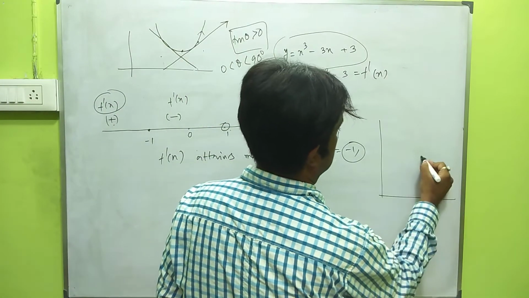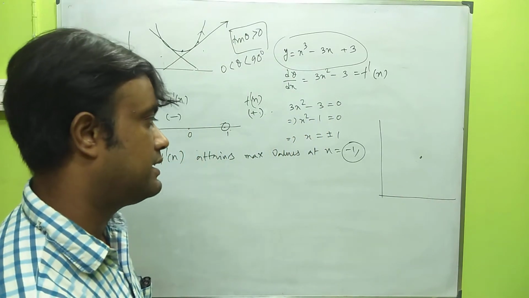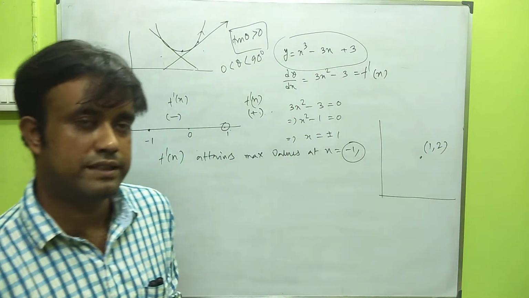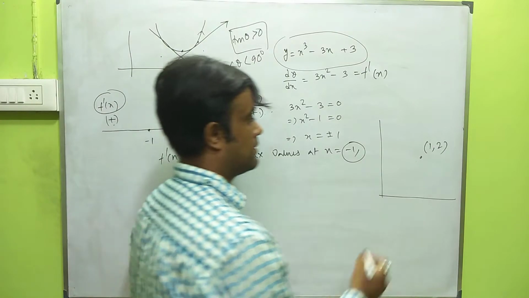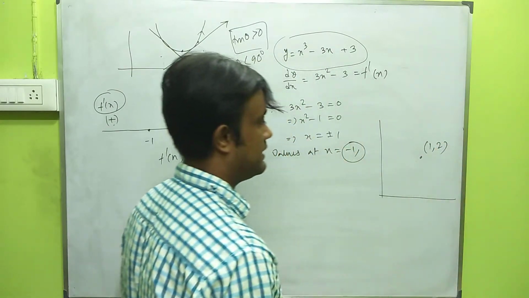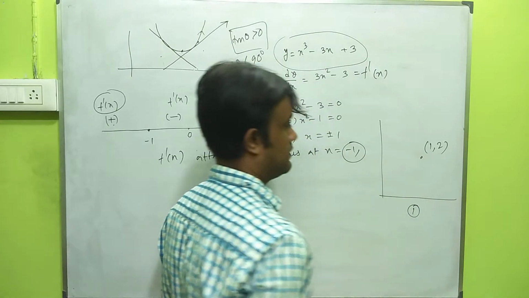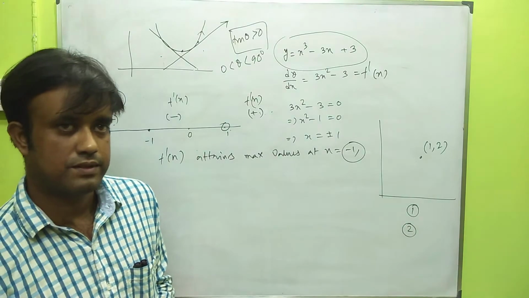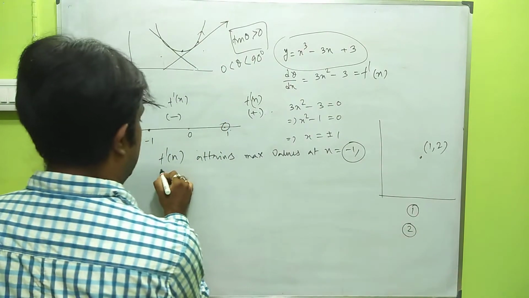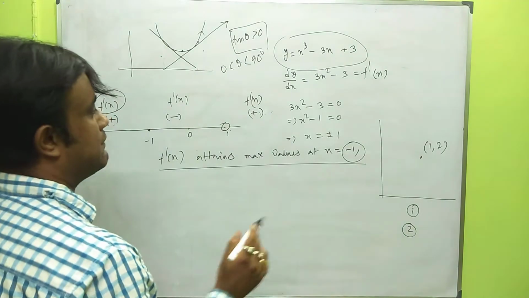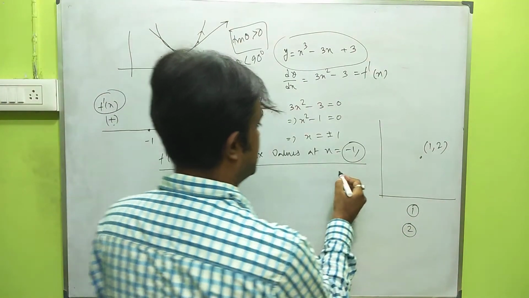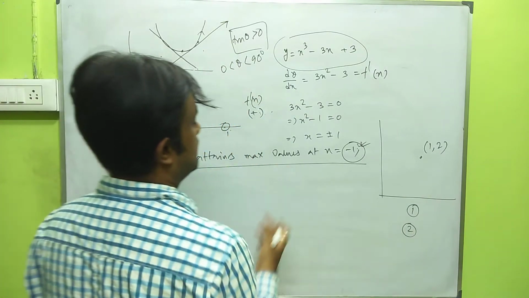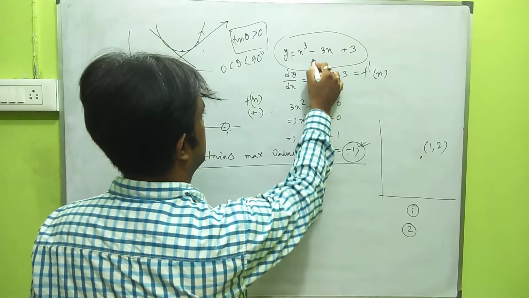Suppose in 2D geometry a point is represented as (1, 2); if any student says the point is 1 or the point is 2, will it be right? So for accuracy, you have to find the point; that is, the abscissa is only -1, you have to find the ordinate also. So how do we find the ordinate? By putting this value in the function.